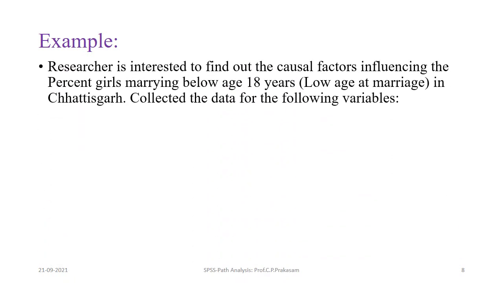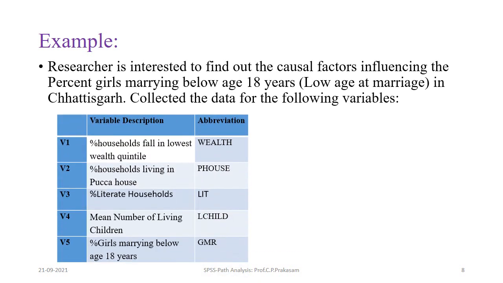We will illustrate the path analysis with an example. Here, a researcher is interested to find out the causal factors influencing the percentage of girls marrying below age 18 years, that is low age at marriage. What are the causal factors for that in a particular state? He collected the following data with the variables given here.